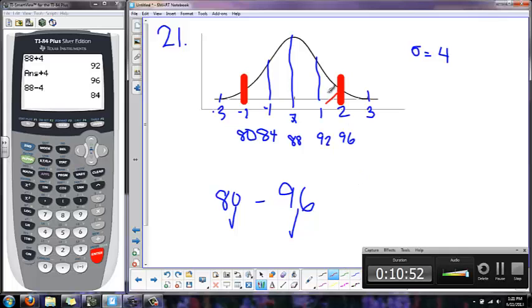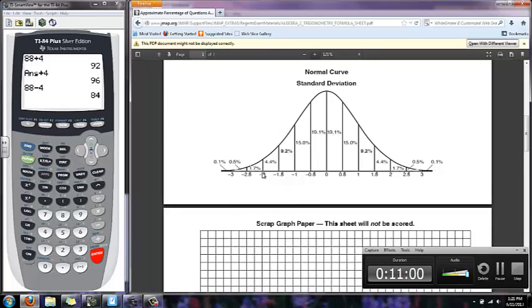So all we need to do is take our reference sheet and add up all the scores that lie between -2 and +2. Alright, so I'm going to start at -2 and add it all the way up.